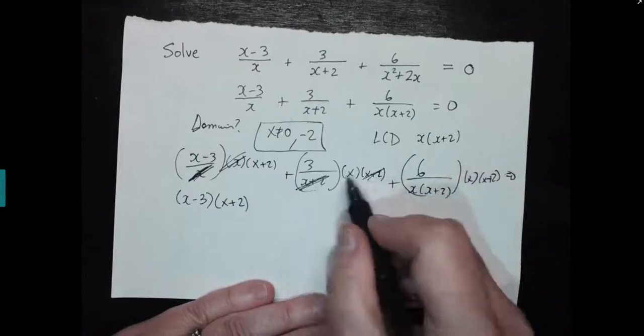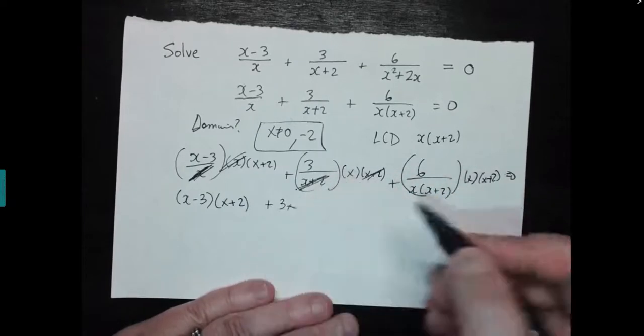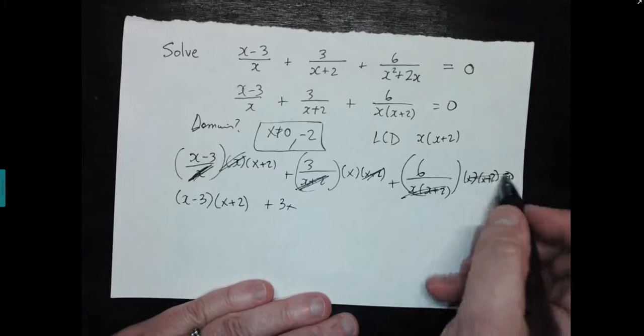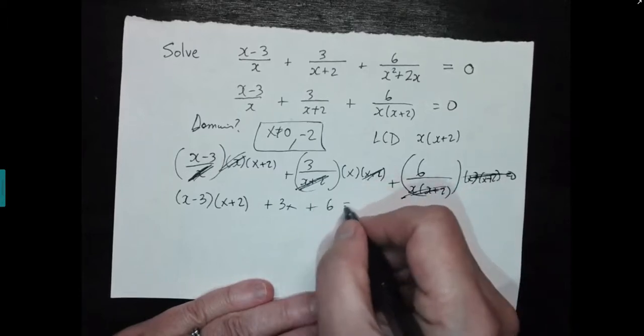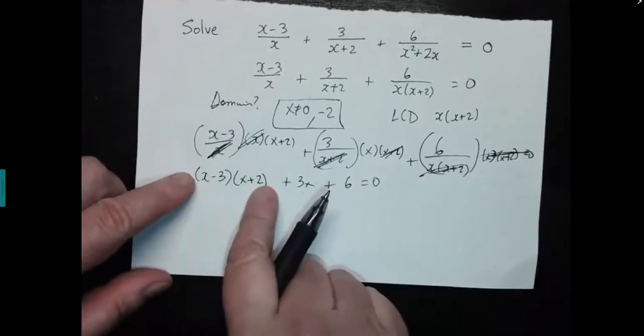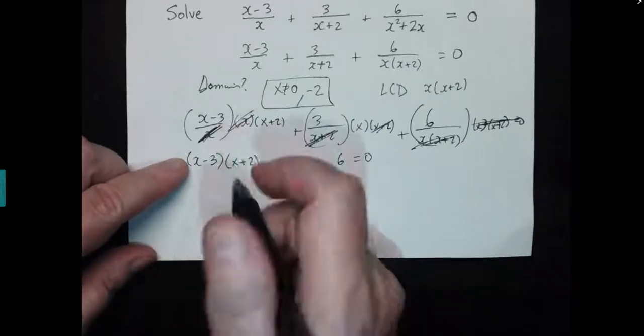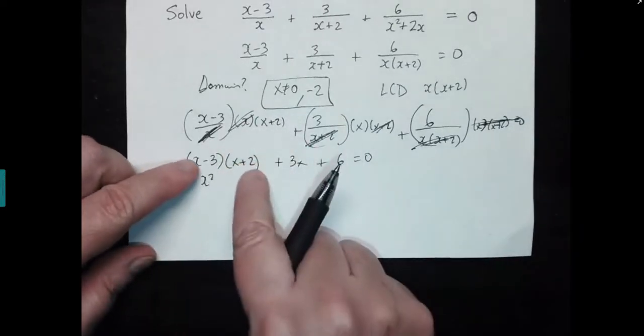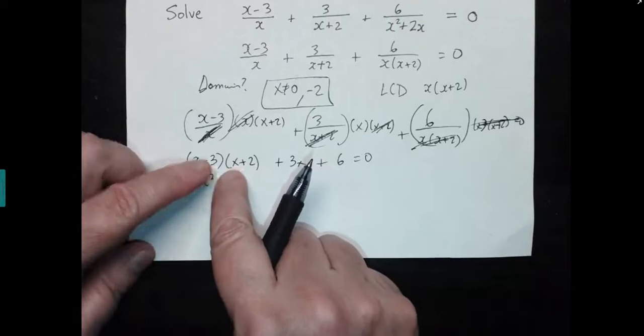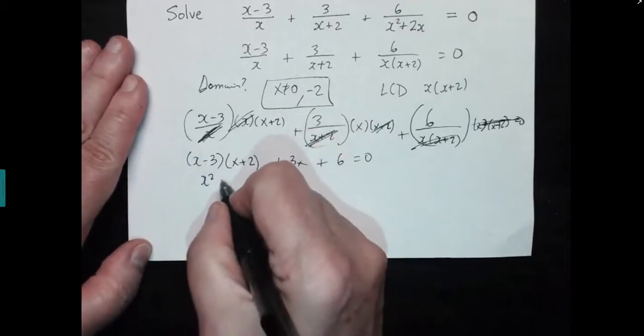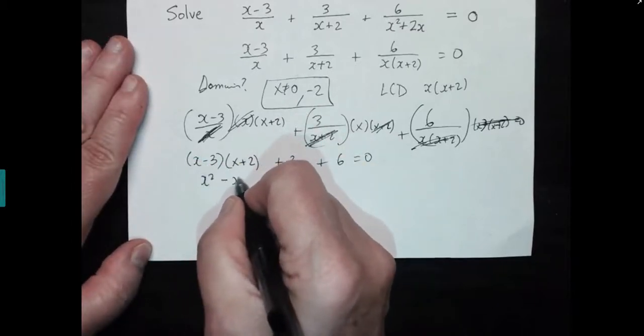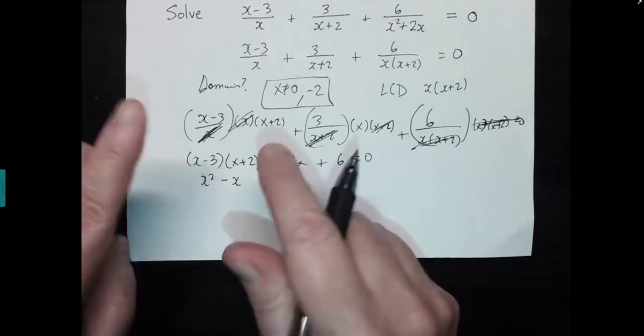Here, after cancellation, I'm going to have 3x. After cancellation here, I'm going to have 6. So multiplying this out, expanding that, I'm going to have x squared plus 2x minus 3x, then minus 6.